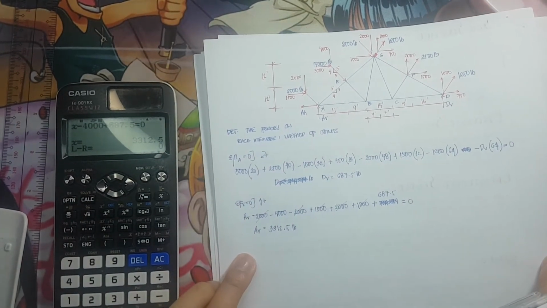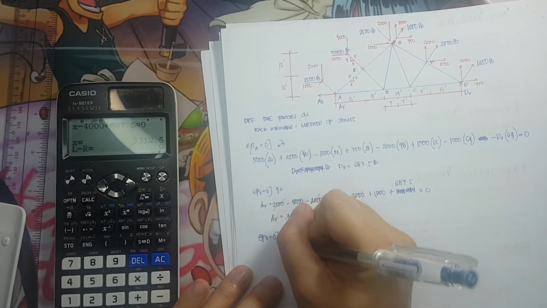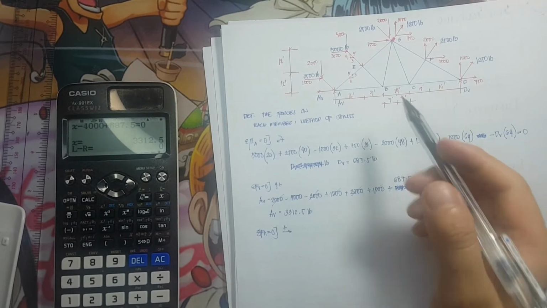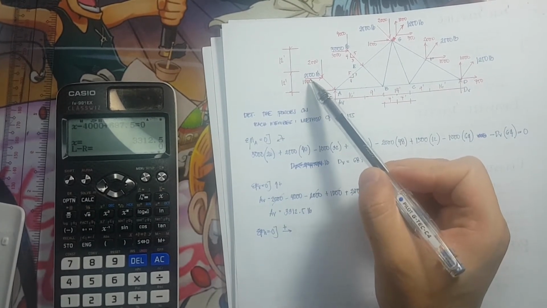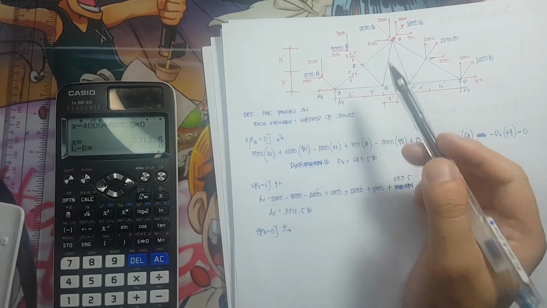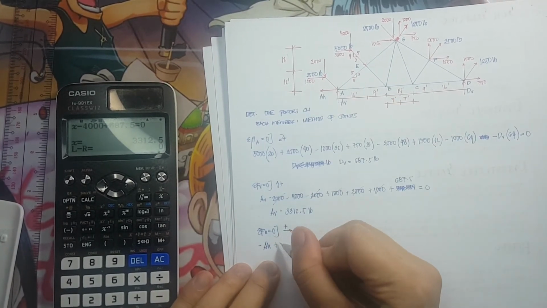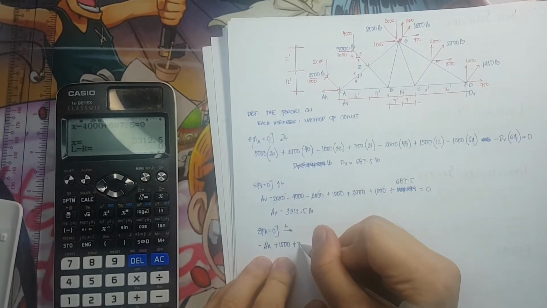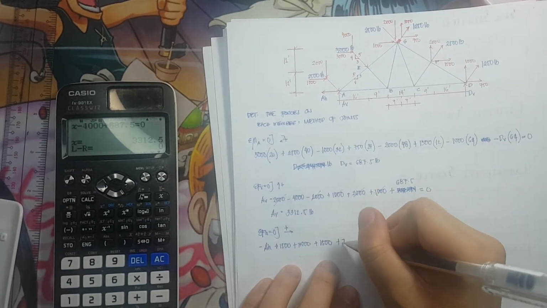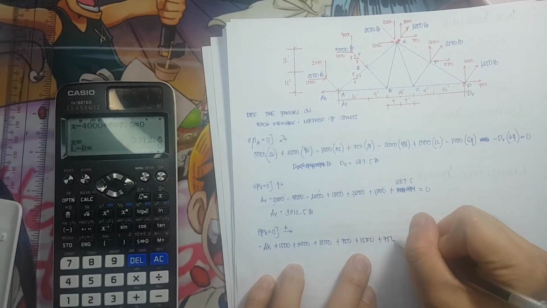We can now solve for our A horizontal. So A horizontal, summation of forces horizontal is equivalent to 0. All forces that are pointing towards right should be positive. So by observation, almost all or all of the horizontal forces are towards right. So my assumed direction for A horizontal is towards left. So negative A horizontal plus 1,500 plus 3,000 plus 1,500 plus 750 plus 1,500 plus 750.